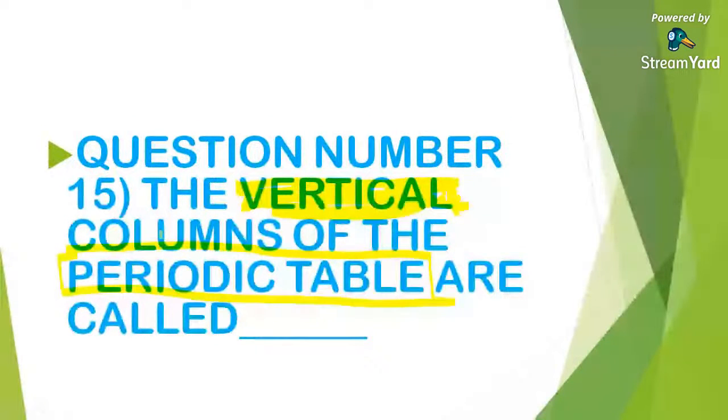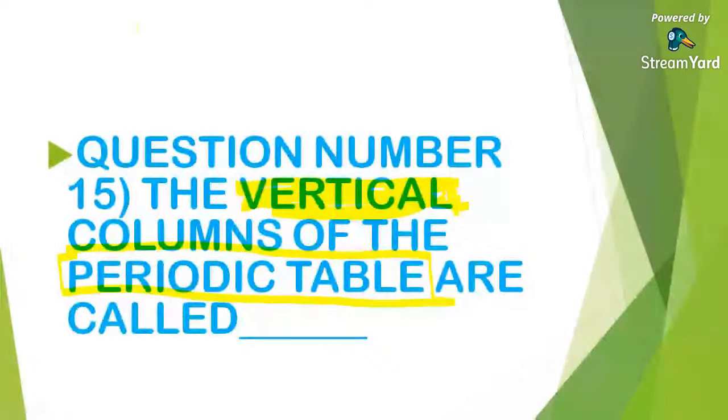Clear? Periods are there, groups are there, horizontal rows are there, vertical columns are there. When we talk about the vertical columns, then they are called groups. But when we talk about the horizontal rows, then they are called periods.